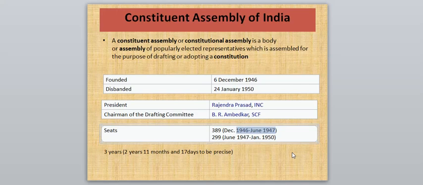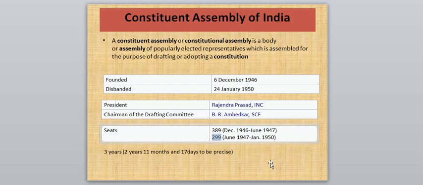What happened that after June 1947 the seats came down to 299? This is due to the country's partition, in which India was divided into two countries, India and Pakistan.